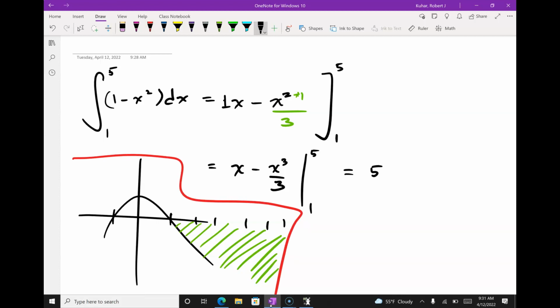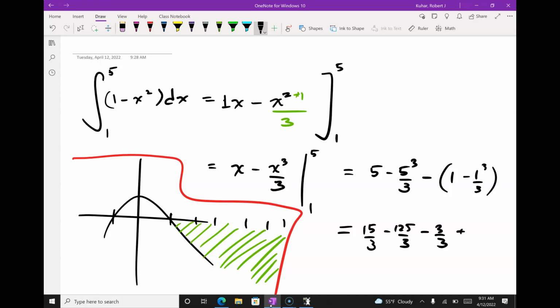So I have 5 minus 5 cubed over 3 minus 1 cubed over 3. So I have 15 over 3 minus 125 over 3 minus 3 over 3 plus 1 over 3.